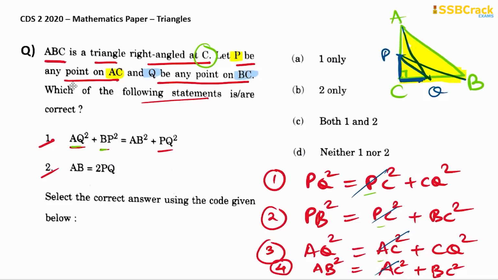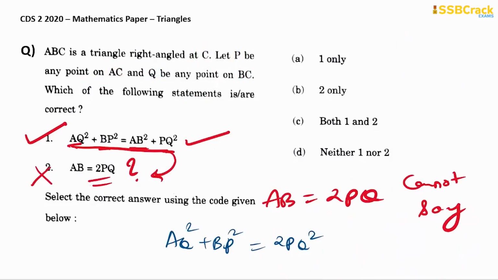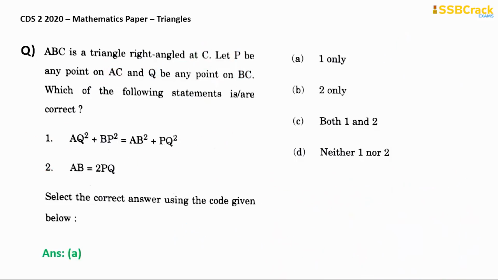If P and Q were midpoints, they would have said so and we could have come to some conclusion and related AB with PQ. So far we cannot, since it is a general triangle with general points P and Q. So the right key for this question is option A only. Only the first statement is correct, so option A is the right choice.